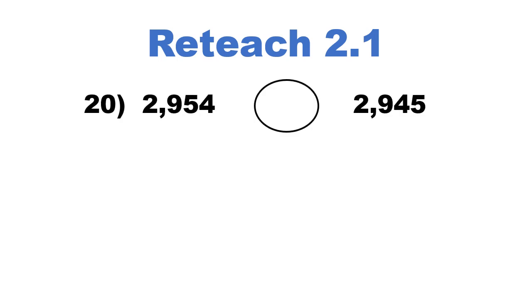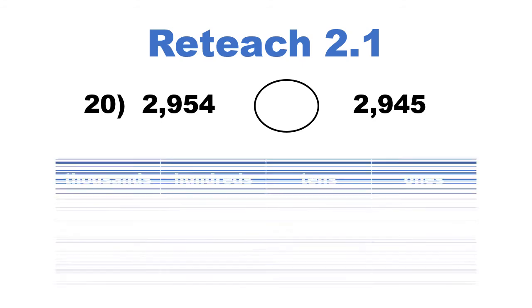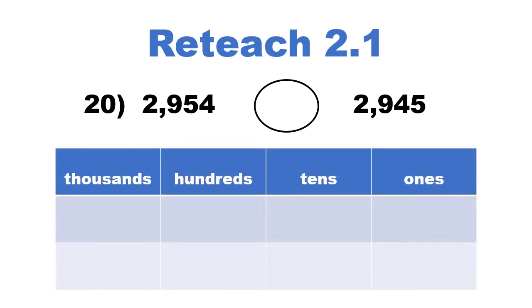We're going to do one more problem together. We're going to jump all the way down to number 20 so we can compare two 4-digit numbers. So once again, we're going to place those two numbers into a place value chart. 2,954 gets placed into the chart, as well as 2,945. Now, as always, to compare two numbers, we have to start in the greatest place. In this case, it's the thousands.